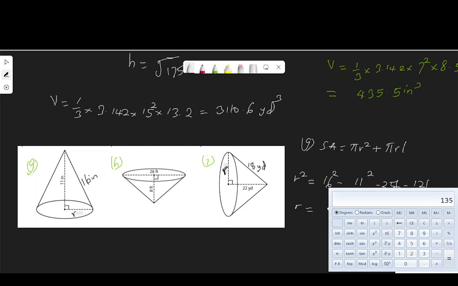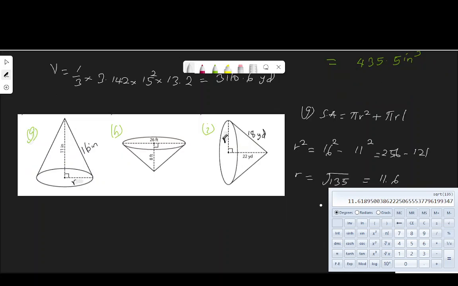So r is the square root of 135. And square root of 135 is 11.6 approximately. So the radius of this cone is 11.6.